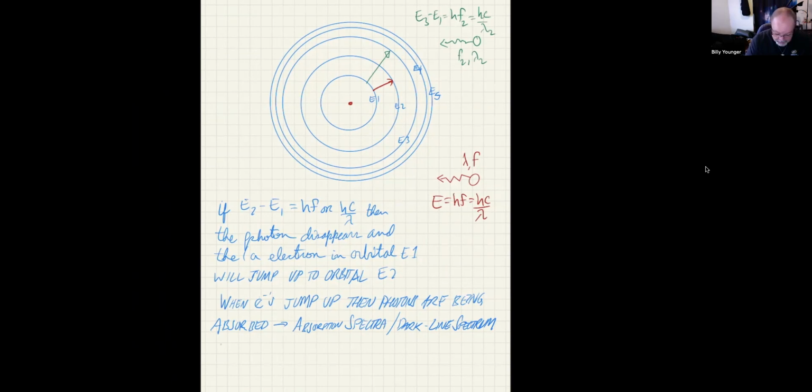However, when they fall down, photons are emitted, and that makes an emission spectrum, or bright line spectrum.